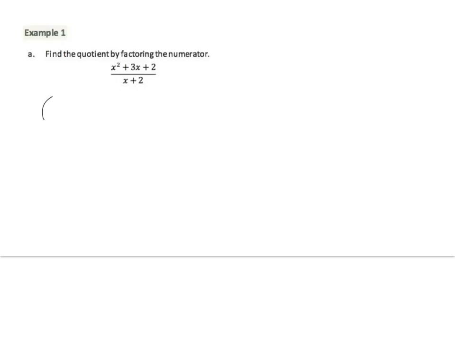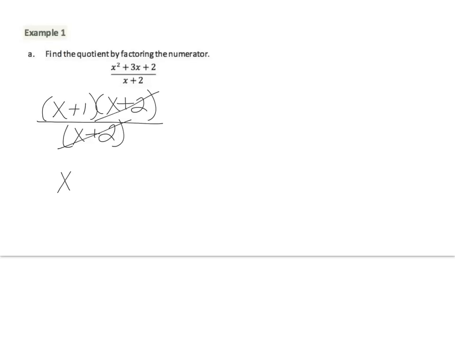It actually factors into x plus 1 and x plus 2. At that point, because we have x plus 2 in the numerator and the denominator, we can cancel them out, giving us an answer of x plus 1.